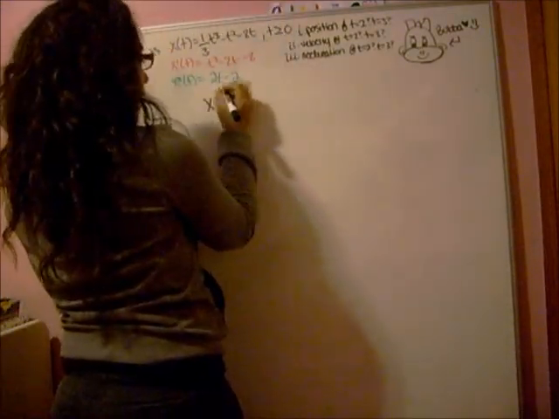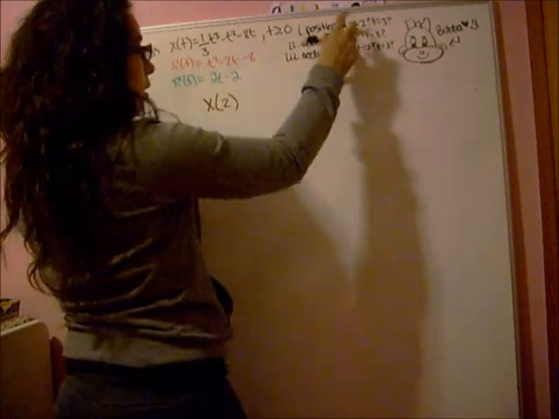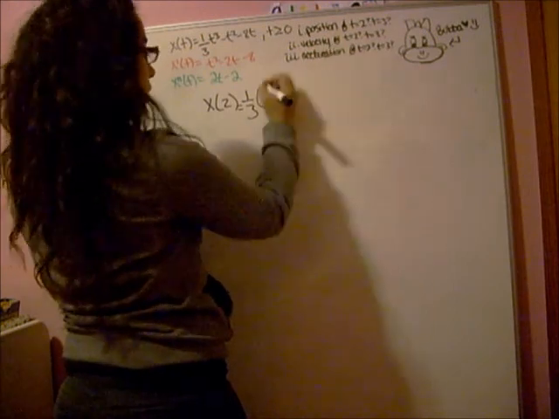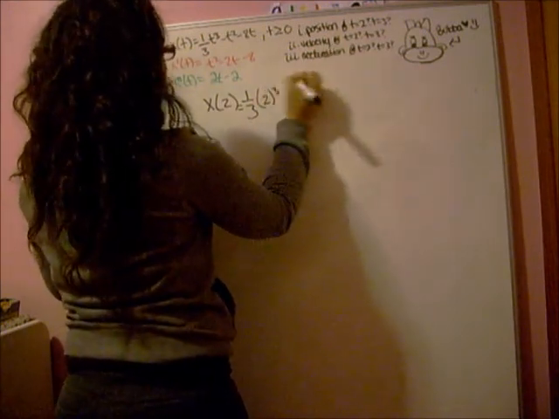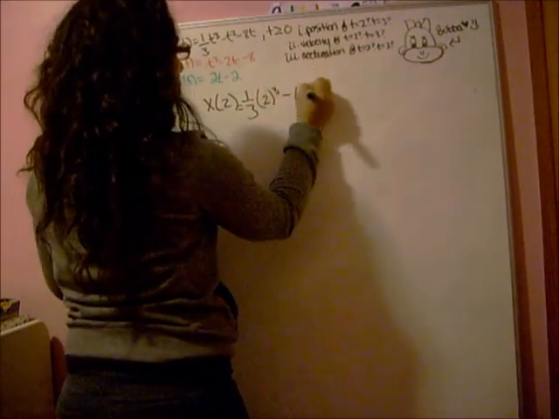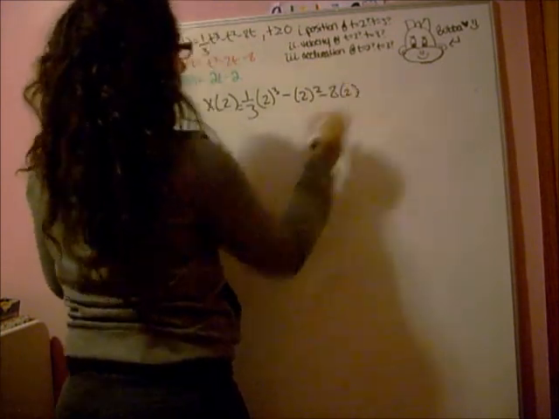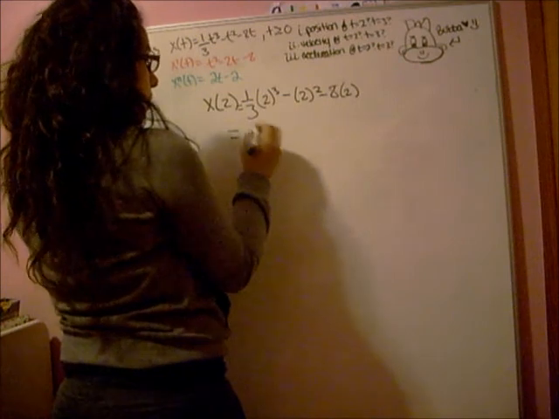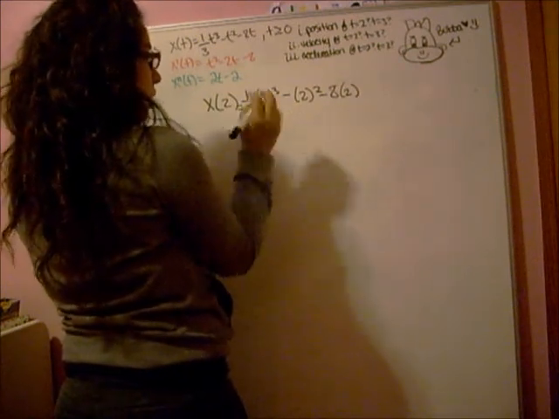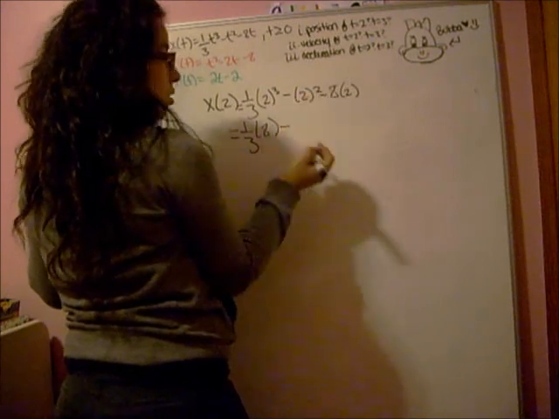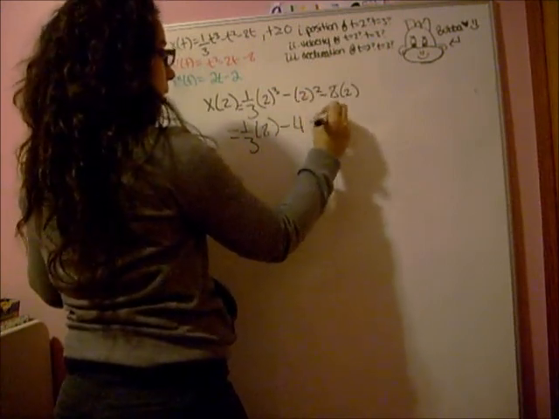So x of 2 is 1/3, and then we replace t with 2, cubed, minus 2 squared, minus 8 times 2. So now we're going to take the time to solve this. So it's 1/3 times 2 cubed, which is 8, minus 2 squared, which is 4, minus 16.